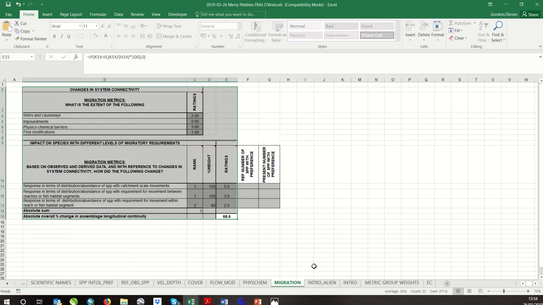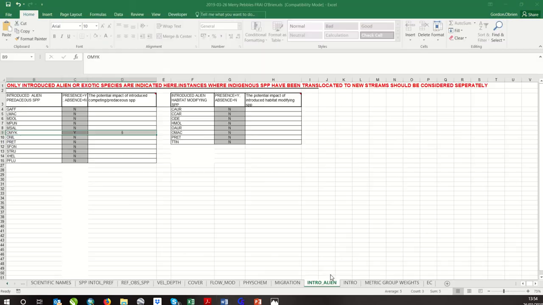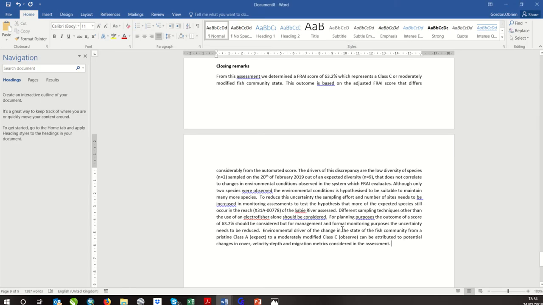Okay, what do we think should be done? Let me just look at the introduced one. Oh, that's also not quite high. Okay, so we recommend, what do we need to do to improve the quality?